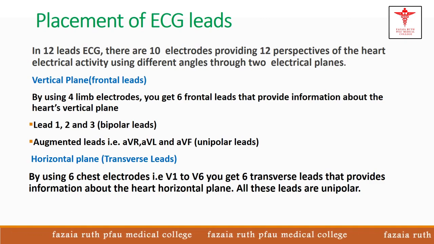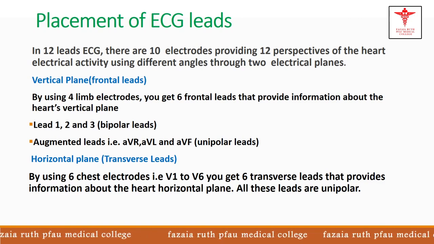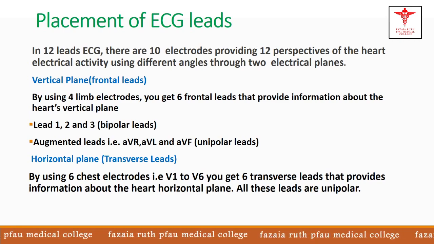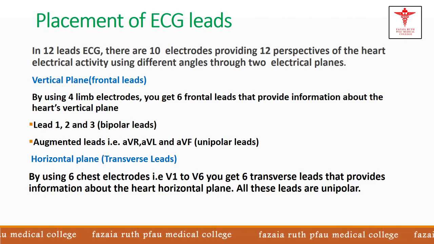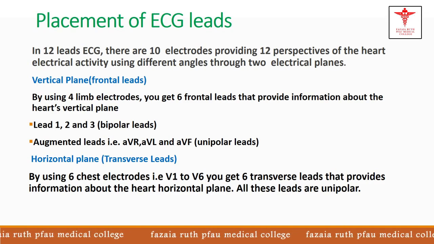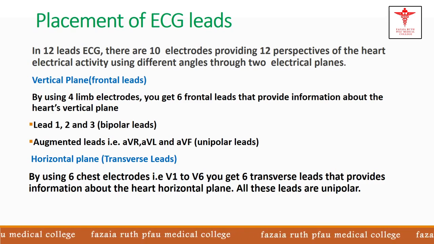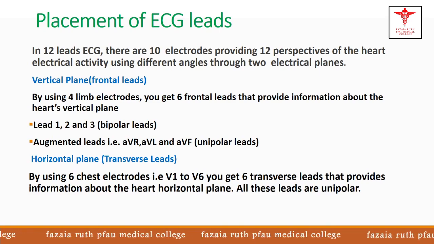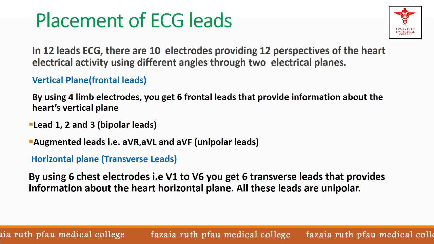By using 4 limb electrodes, you get 6 frontal leads that provide information about the heart's vertical plane. We have 3 leads which are bipolar: lead 1, 2 and 3. By bipolar, we mean that they require both positive and negative terminals for the recording of the electrical activity of the heart.